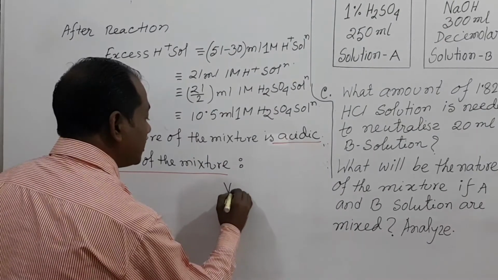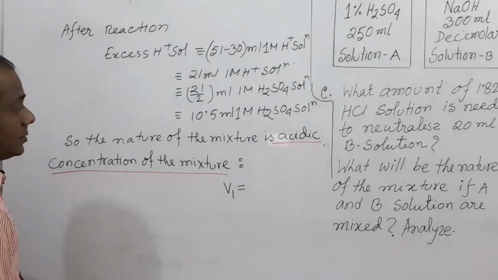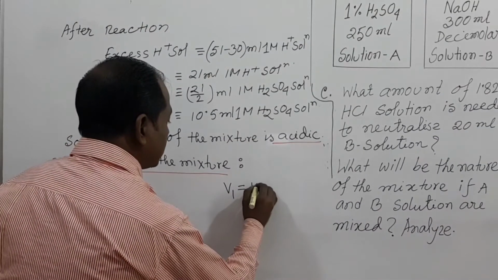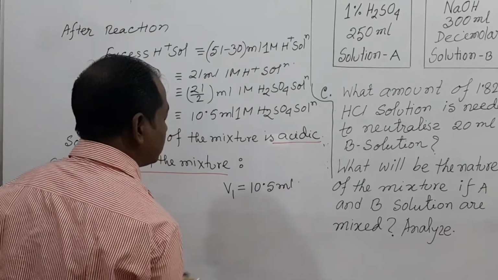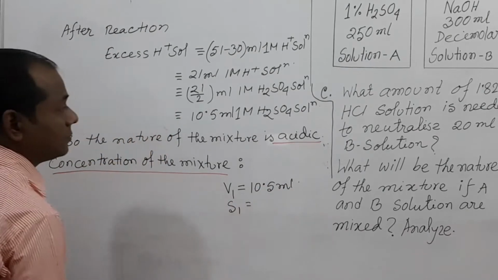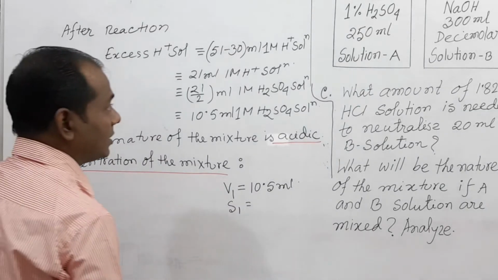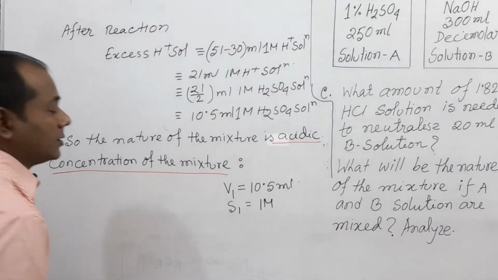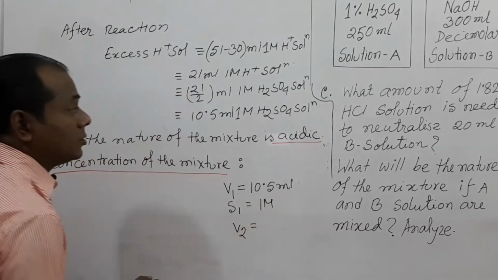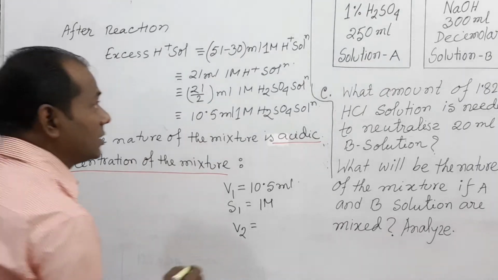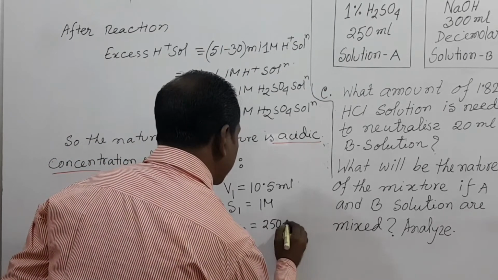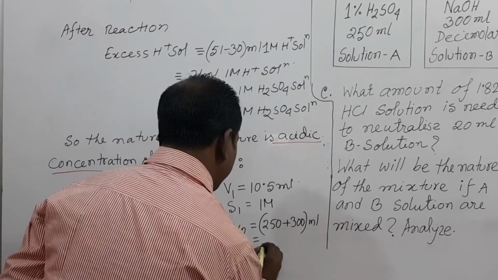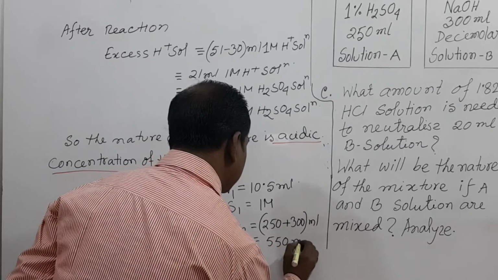At first we write here V1, that is the excess sulfuric acid remains in the solution, that is 10.5 ml, and S1, that means concentration of this sulfuric acid, is 1 molar, and V2 equal to the total volume of the mixture, that is 250 ml plus 300 ml, and we get 550 ml.